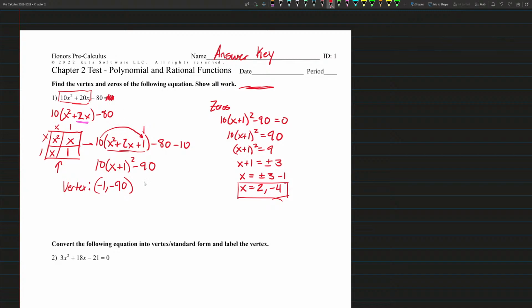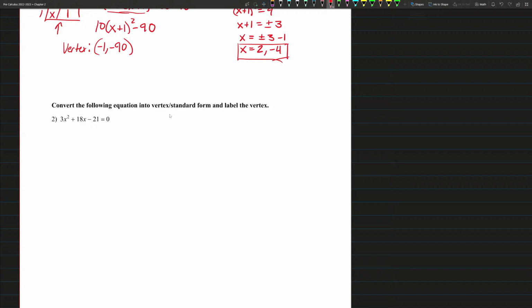Okay. Number 2, convert the following equation into vertex or standard form. That's what I just did above, so I'm not going to explain this as much. We're going to take the first two terms and factor out the 3. We're going to actually complete the square. So there's a 9 there.